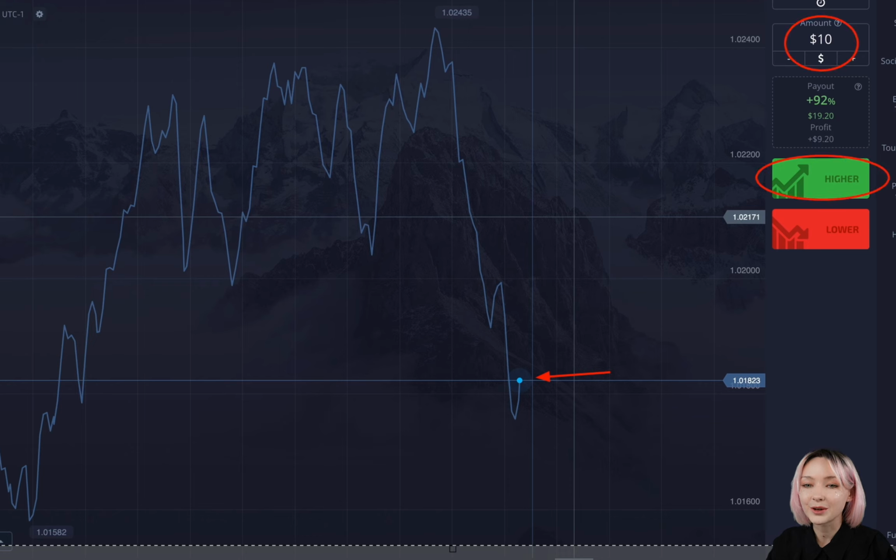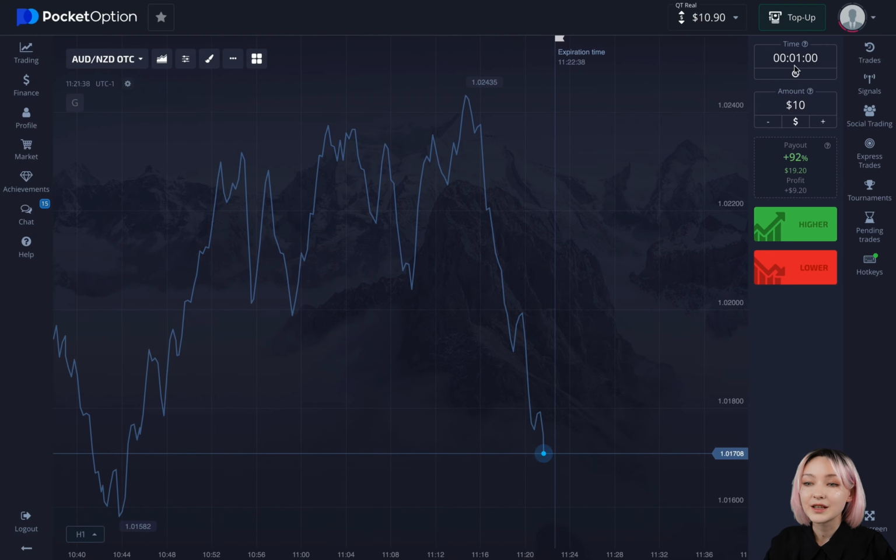The market starts evolving in some way similar to this. And when the deal is closed, if the price ends up higher than the point the deal was opened at, we earn plus 92% to our deal, or $9.20. Just in 1 minute or within any chosen time span.